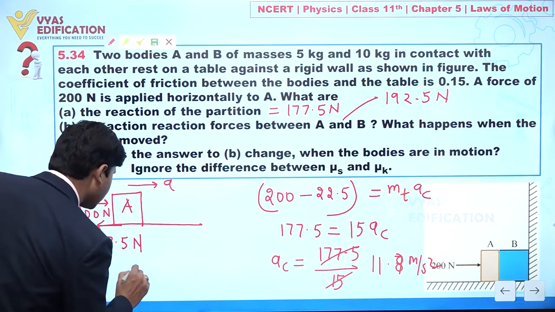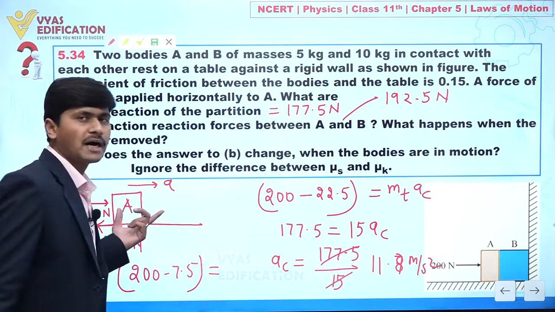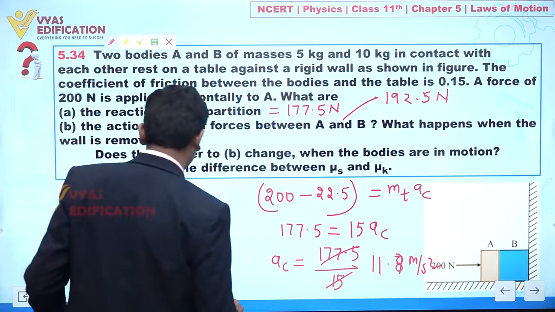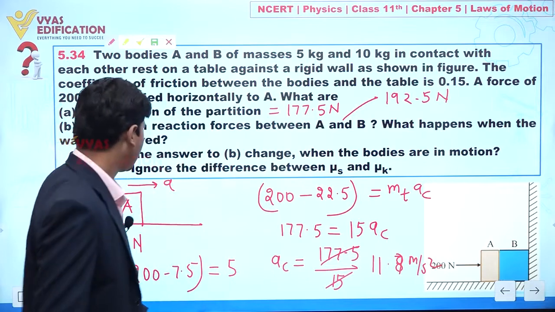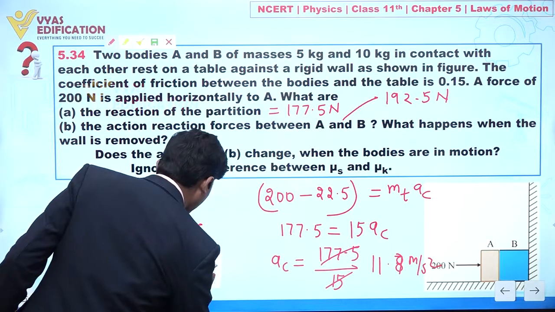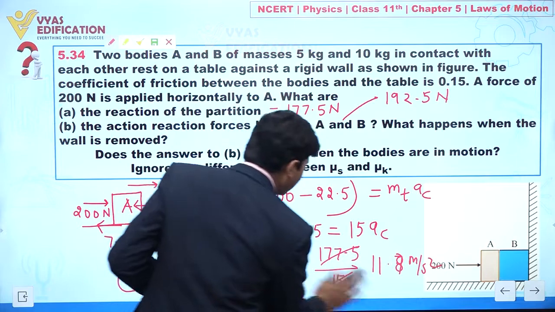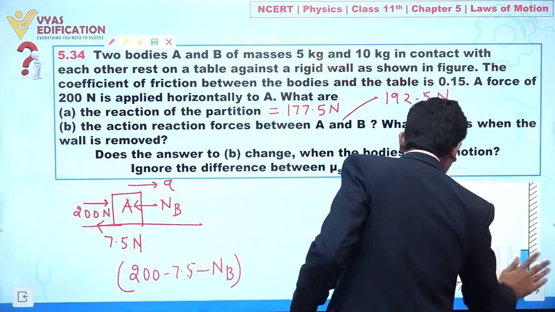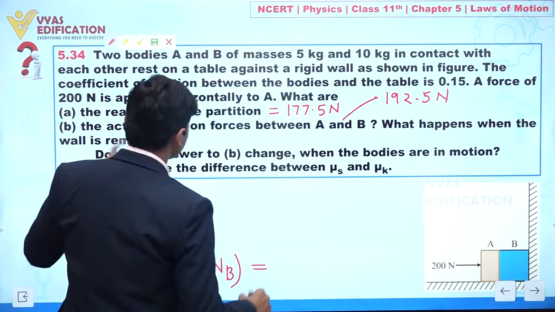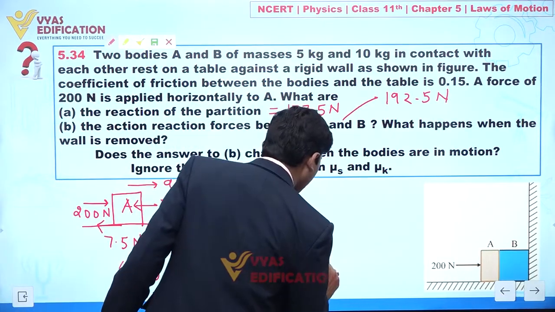So 200 minus 7.5 minus NB, where NB is the normal force our objective is to calculate, should be equal to the mass of this block A, which is 5, times the acceleration we just calculated, 11.8.